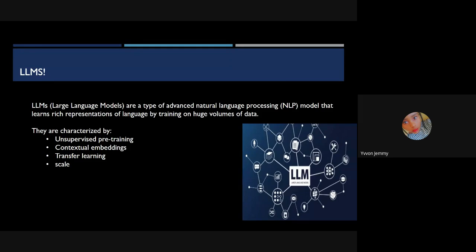It won't know what the red one means and what the blue one means, but it will know that the red ones belong to one pile and the blue ones belong to another. I hope I have made sense on unsupervised learning. So unsupervised pre-training means that is how the LLM was trained.